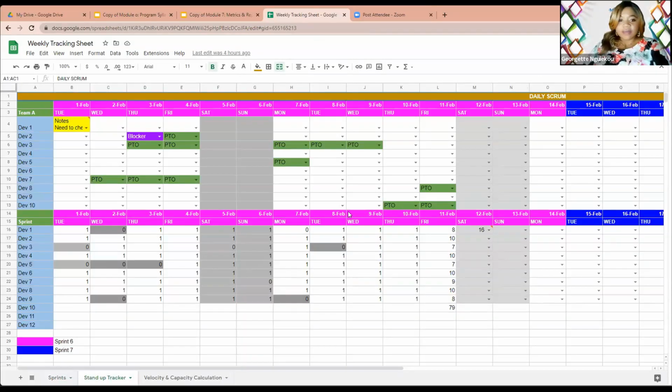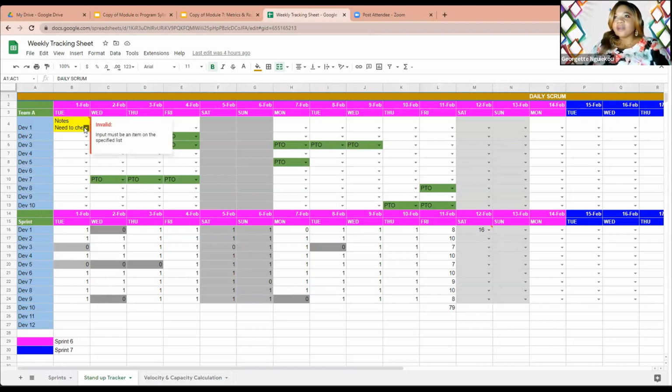Here is how I track my day. I have a tracker like this. Up here is my daily stand-up. Down here is the data for my sprint. Why do I do that?